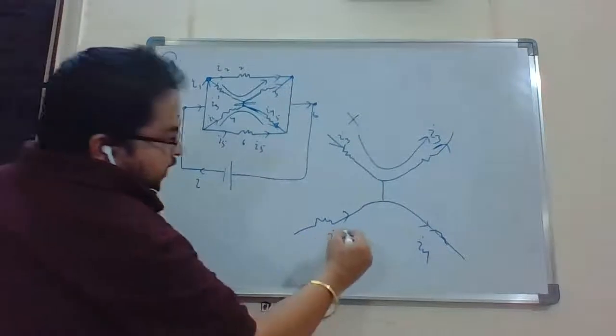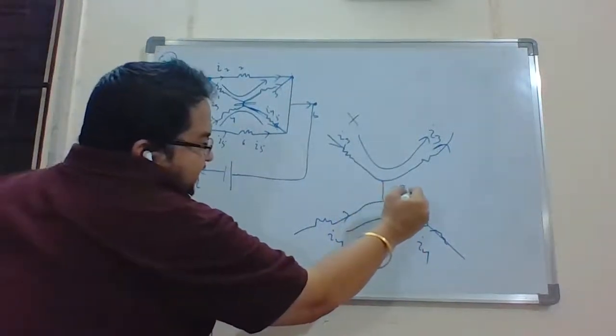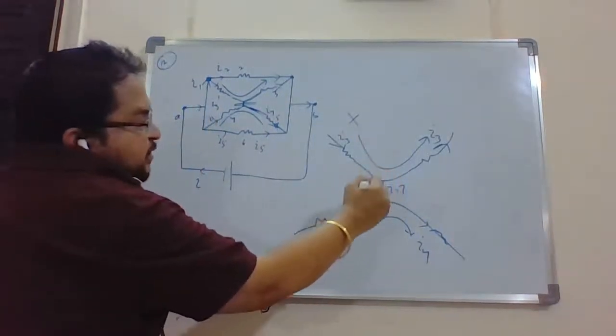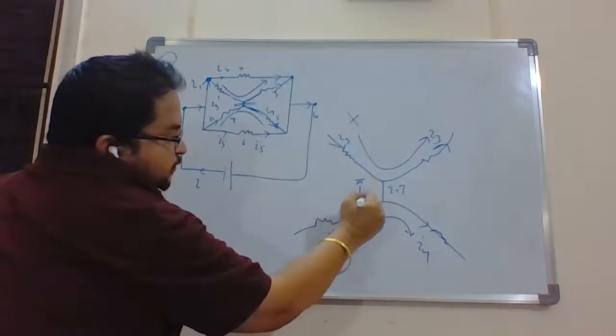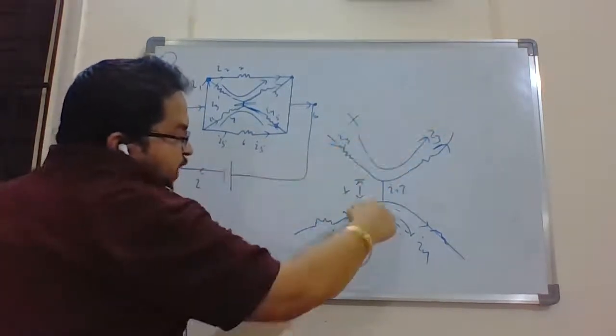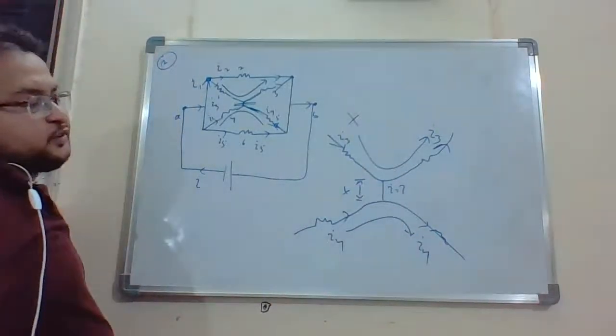So if I4 came and went like this, is there any current through this segment? The answer is no, because I3 came and went from there, I4 came and went from there, which means in this part no current is flowing through.